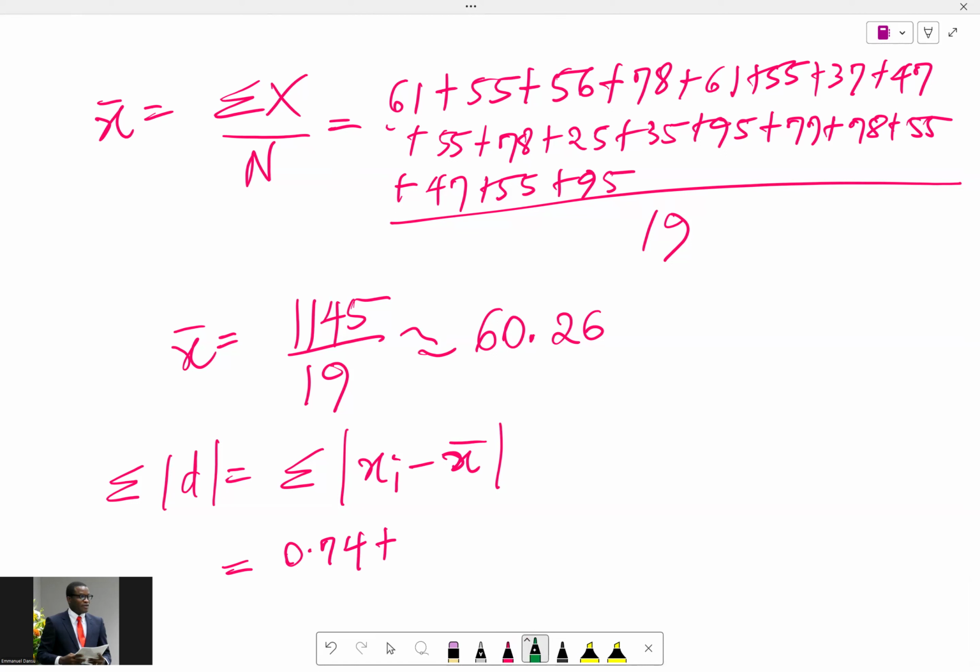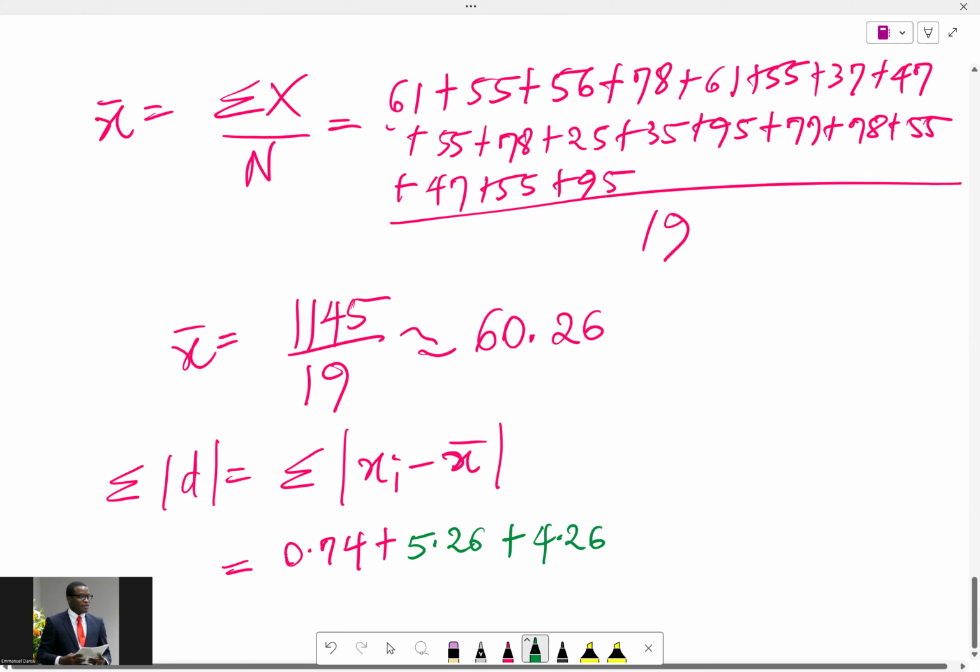Then the next one is 55 minus 60.26, which is minus 5.26. But we don't care about the minus, so we just drop it and we have 5.26. 56 minus that is 4.26. 78 minus that is 17.74. Then 61 again is 0.74. 55 is 5.26.